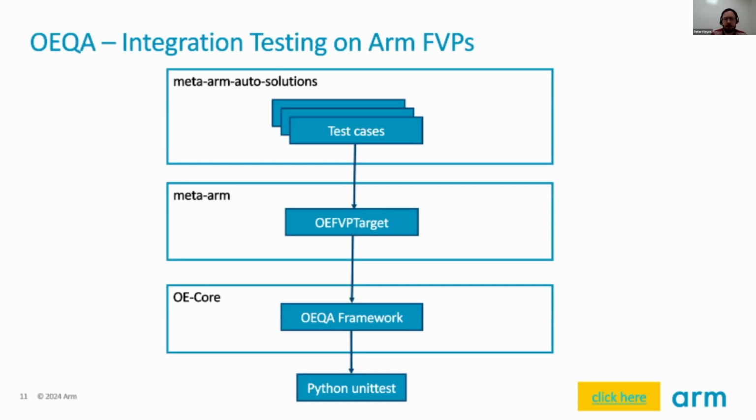So we have test cases which mainly live in the meta-arm-auto-solutions layer in Arm Automotive Solutions. Then that depends on a custom test target class, which lives in meta-arm, which allows us to run test cases against Arm modeling technology. And that in turn depends on the OEQA framework in OE-Core, which in turn depends on Python's unittest framework.